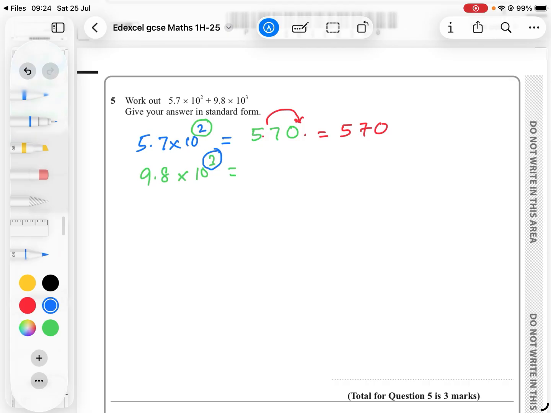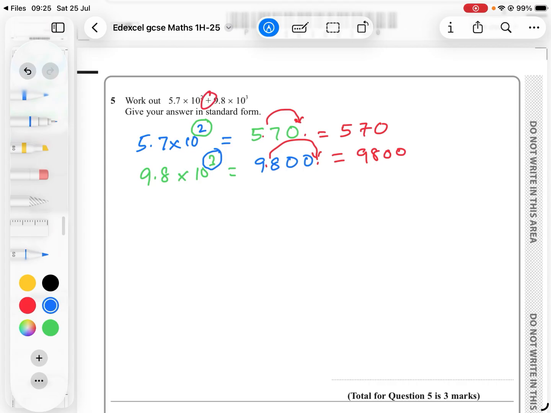So the answer is 9,800. If you put another 0, that means you moved from here to here, so 3 places, which is equal to 9,800. Then you need to add them.